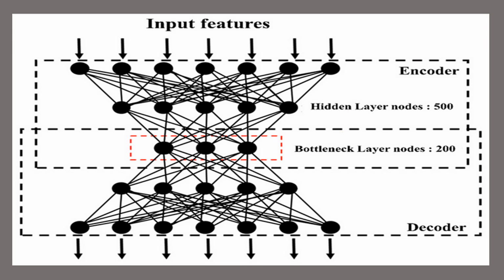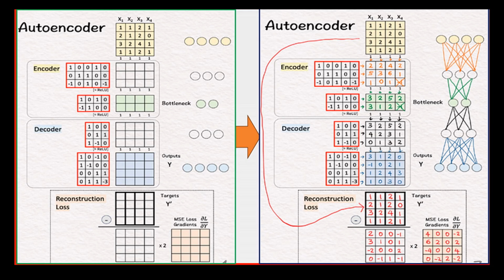Now, what are the differences between autoencoder, sparse autoencoder, and gated sparse autoencoder? Let's understand this in simple words. First we'll understand the autoencoder. An autoencoder learns to compress an input into a lower dimensional space and then decompress it back to the original shape without losing too much information.